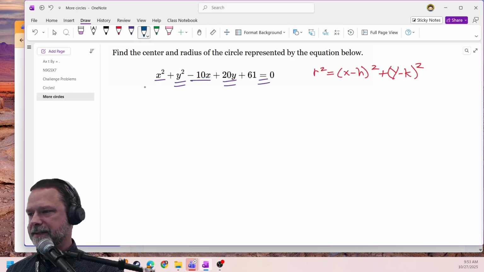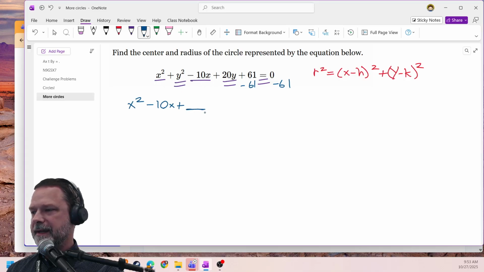Let's do it. So first things first, my x's together. We can rewrite this as x squared minus 10x. And then that's it. Those are my x's. I'm also going to subtract 61 from both sides. I want to get that number on the other side. So I'm going to have plus a blank just to get myself ready to complete the square.